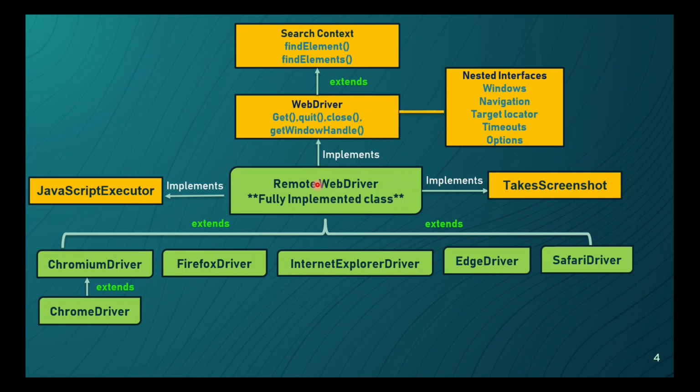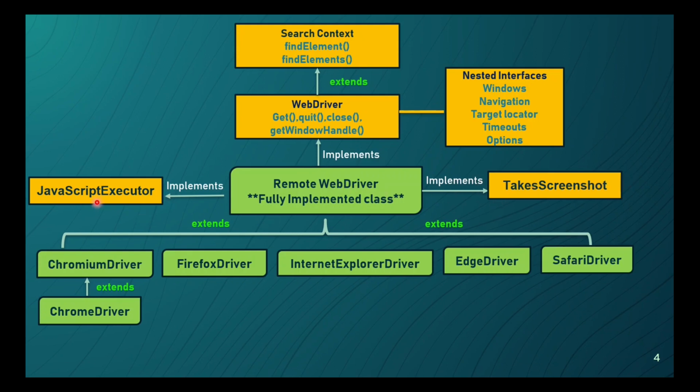As I said, your core Java knowledge will be required over here to understand this hierarchy. That is why we need to have the knowledge of inheritance and interfaces of core Java. So the remote WebDriver contains methods of the search context and the WebDriver. In addition, it also implements JavaScript executor and take screenshot.